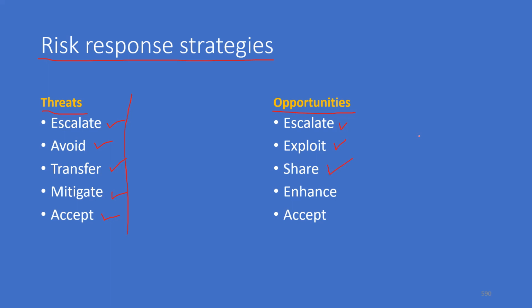Let's say you're doing a joint development of a product, and suddenly the profitability is too high. Then you share the benefits with the other stakeholders as well. And you take actions to enhance the opportunities further, and you accept them sometimes. That means you don't take any action. You just say, I'm willing to take it, even for positive risk.